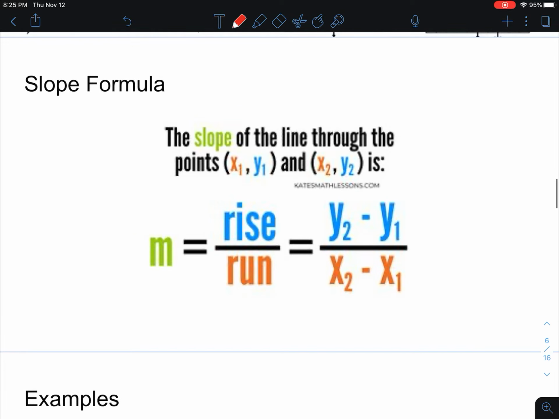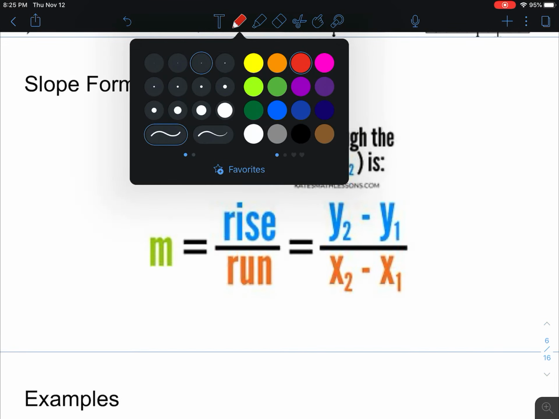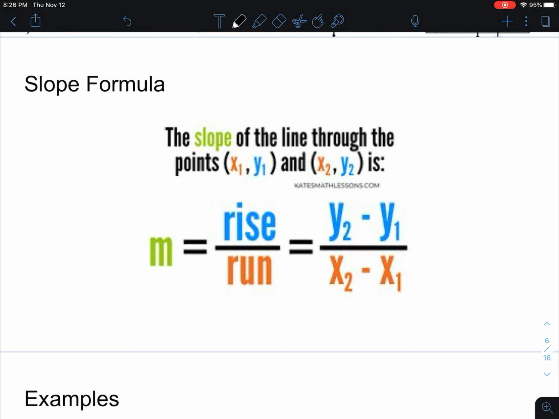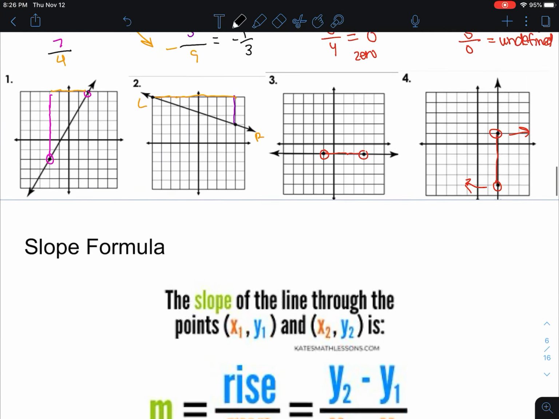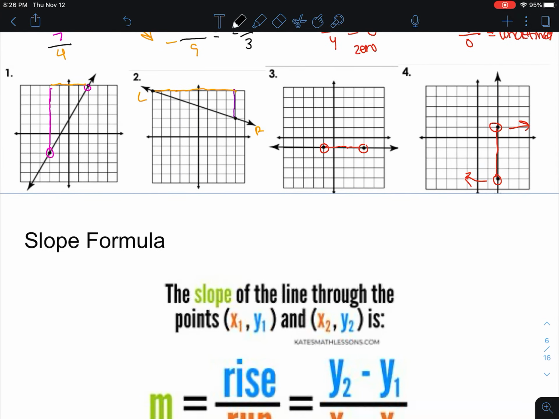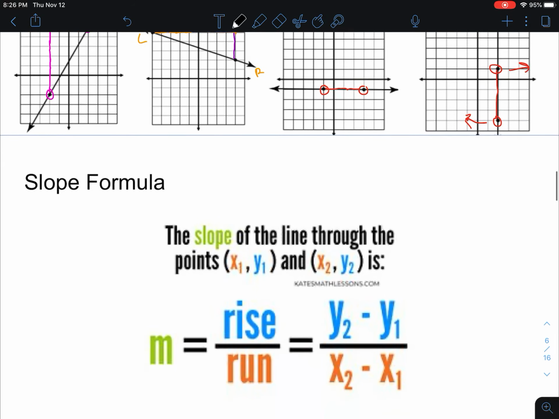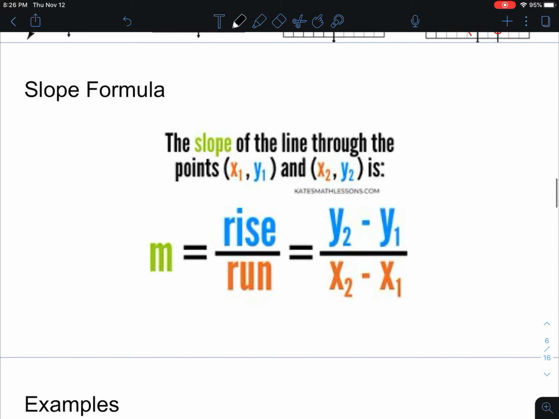So slope can be determined by a formula if you're given two ordered pairs. So in these examples, we were given the graph with what points we were counting the rise and the run. And using our slope formula, we can use our 2 x and y coordinates, so x1 and y1 and x2 and y2, to also find the slope without graphing it.